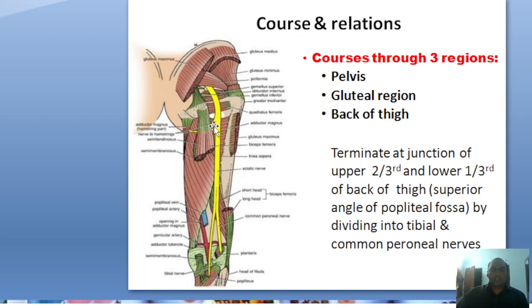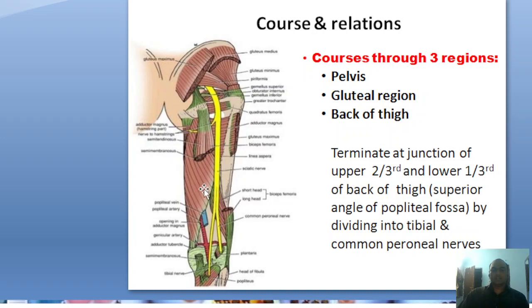Course: the sciatic nerve courses through 3 regions, the pelvis, the gluteal region, and the back of the thigh. In this course, it terminates or divides into the 2 parts, common peroneal and tibial, at the junction between the upper 2/3 and lower 1/3, or the superior angle of the popliteal fossa.